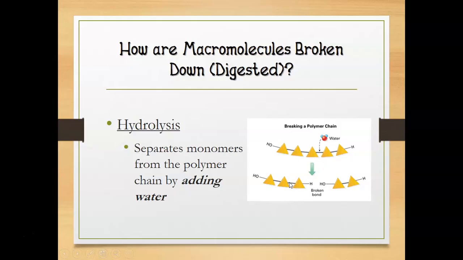One hydrogen from the water is going to go this way. The OH part of the water is going to go that way. And I've now broken the chain into smaller pieces. And we talk about this as a hydrolysis reaction. Well, if we know our prefixes and suffixes, hydro means water, and lysis means to break. So I'm adding water to break the bonds.